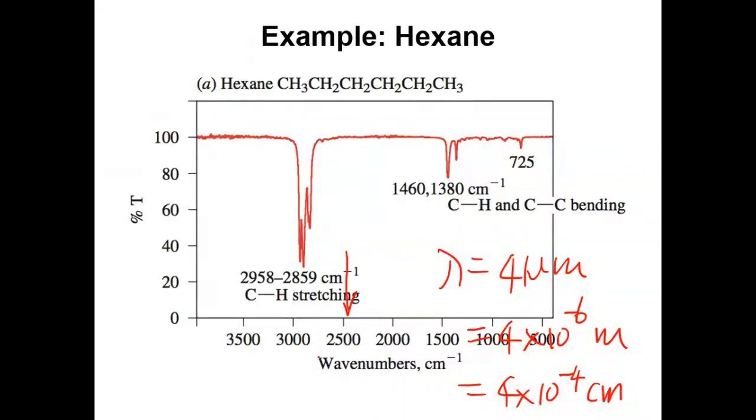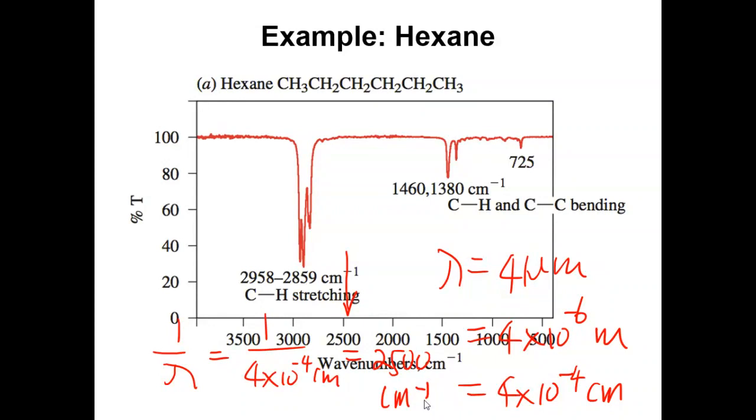So you calculate the reciprocal of this, and it equals 2500 reciprocal centimeter. That's how wave numbers come from. But it's a frequency unit.